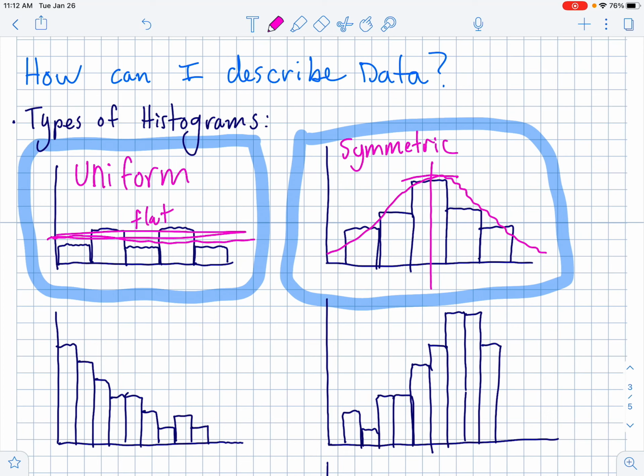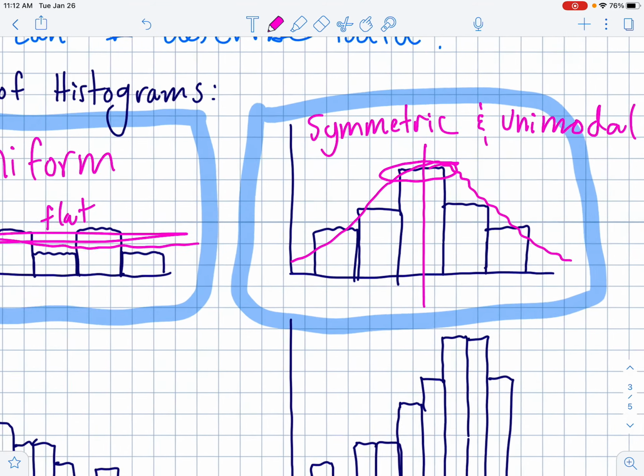The other thing I notice is that there's only one bar that's the tallest. So we call this unimodal. Modal, like the word mode, is right in there.